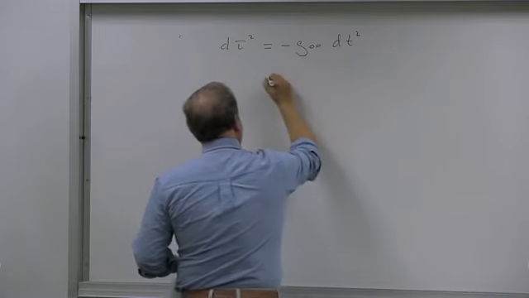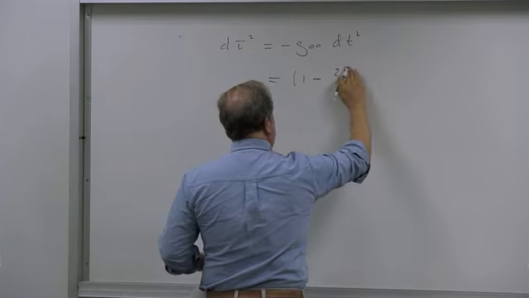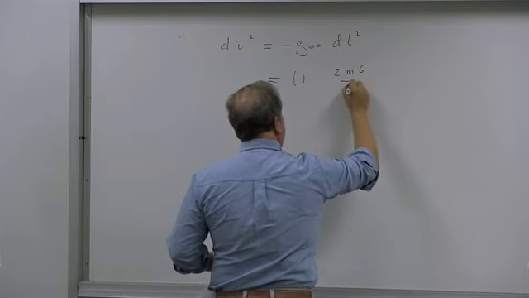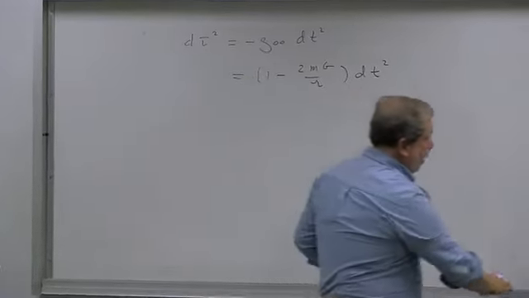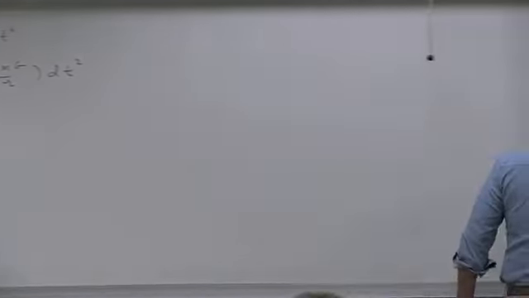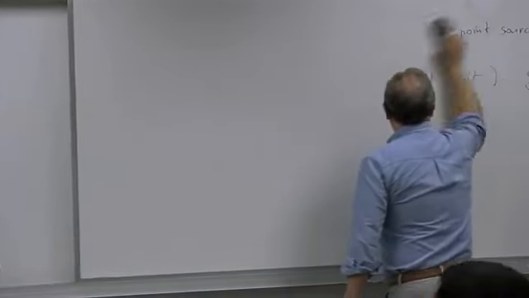And so this is equal to 1 minus 2 mg, or small mass times G, divided by r, times dt squared, plus, in the weak field limit, which is this result up there.